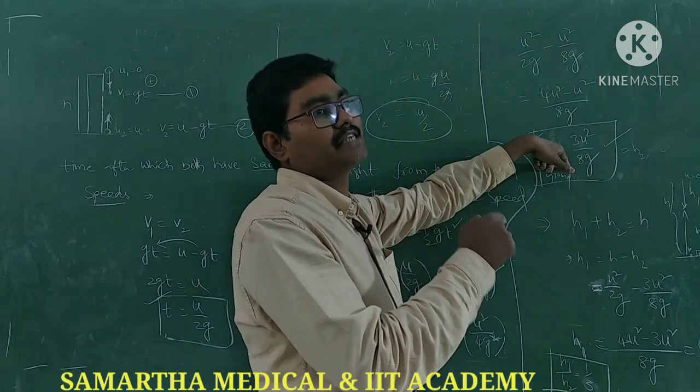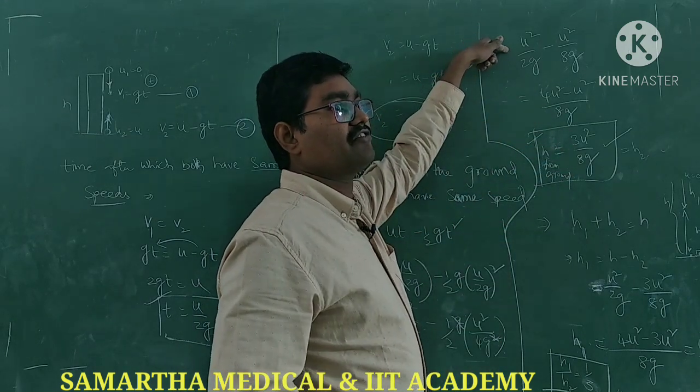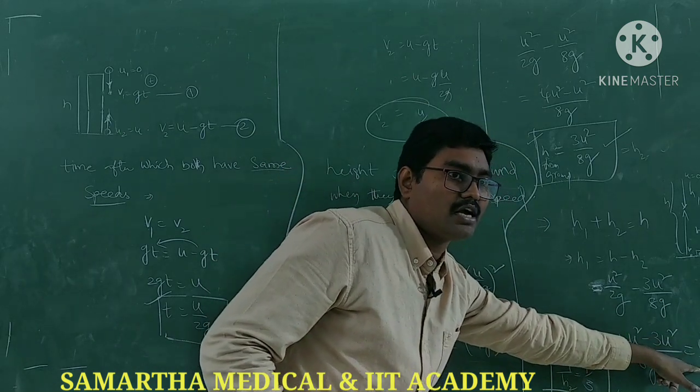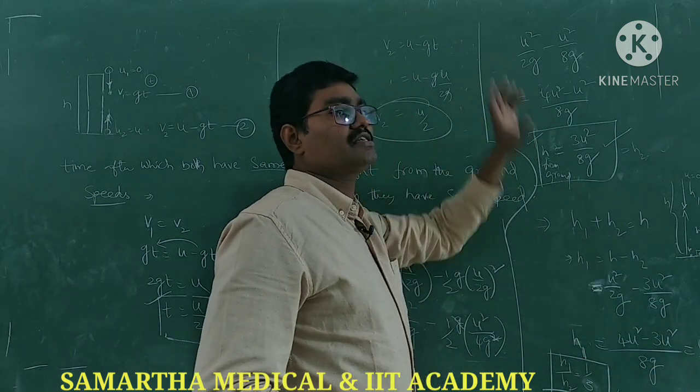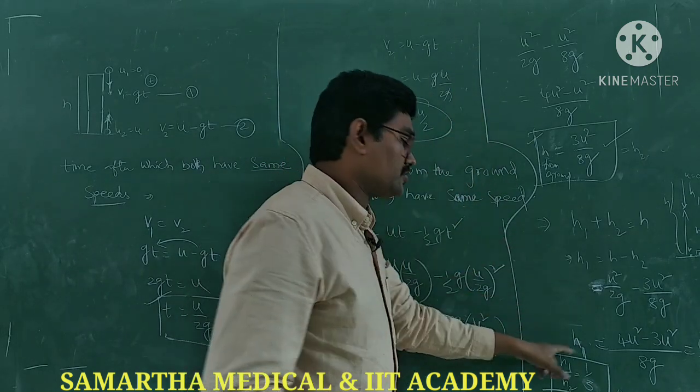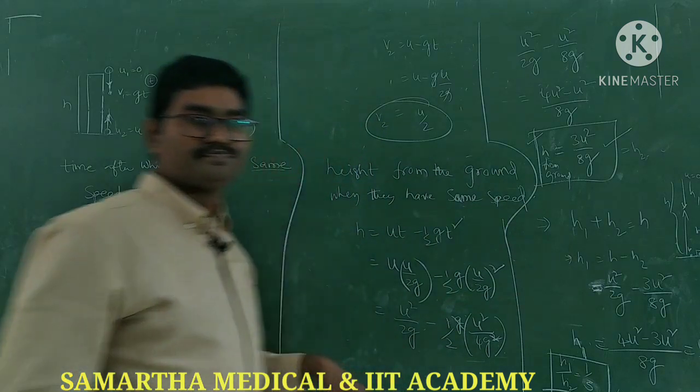During the same time, what is the distance covered by the freely falling body? U square by 8g. Then what is the ratio of distances covered by the freely falling body and the vertically projected body? 1:3. This is the condition.